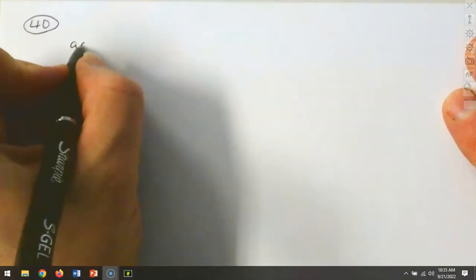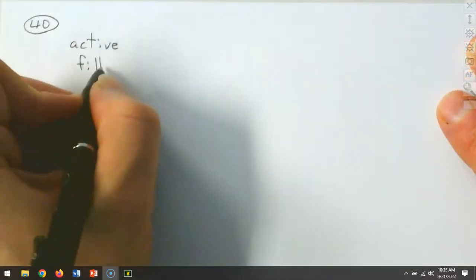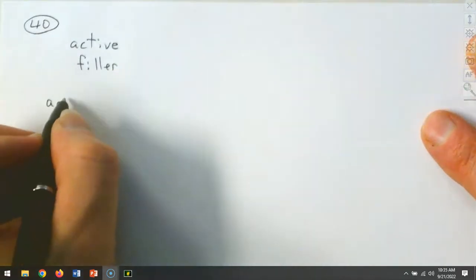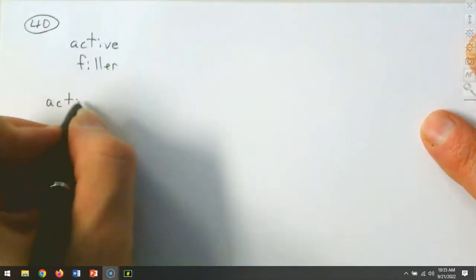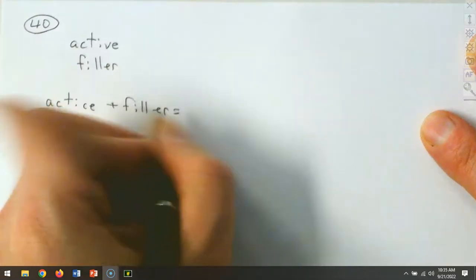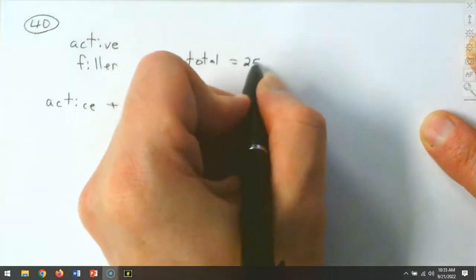So that's what we've got. We've got active ingredients, and then I'm just going to call it the filler. So we've got the active ingredients and the filler, and we're going to add these together. And that gives me a total of 250.